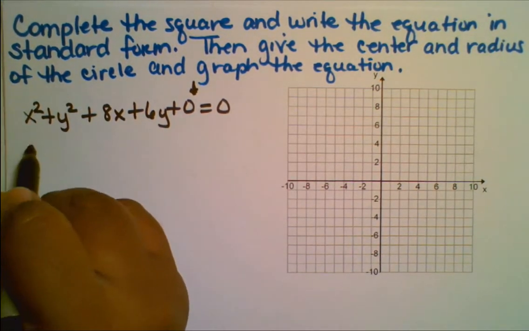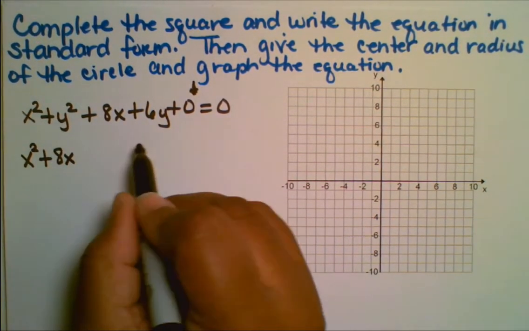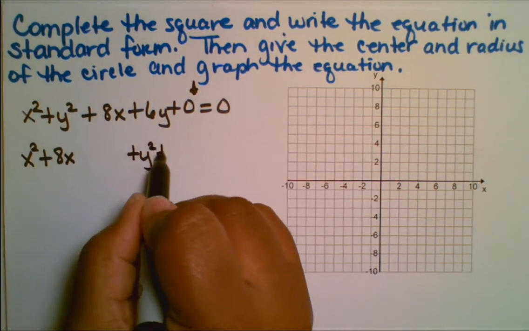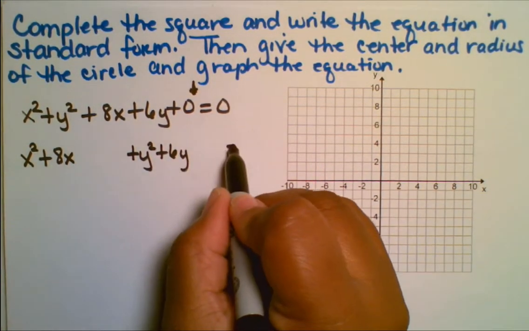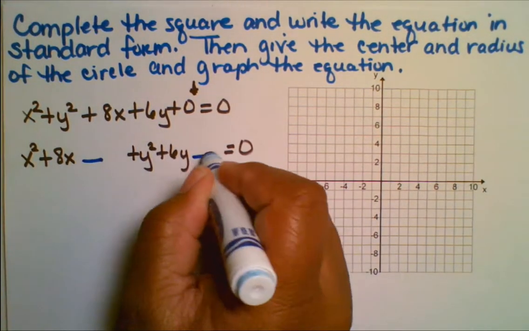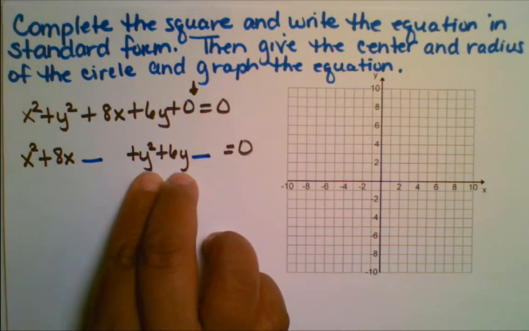We have x squared plus 8x, leave a little bit of space, and then plus y squared plus 6y equals 0.